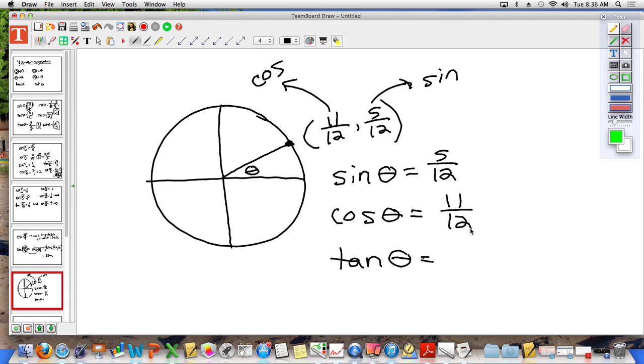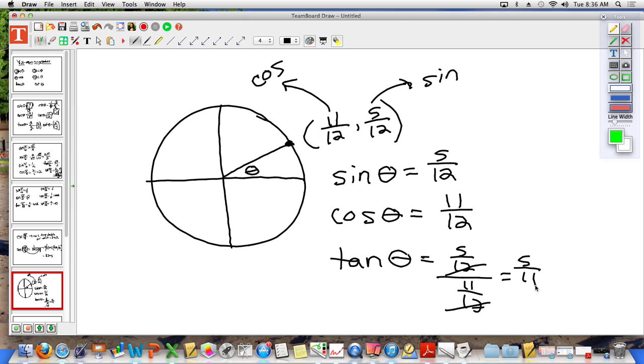Now, the tangent is the sine value divided by the cosine value. So in this case, you're going to take 5/12 and divide it by 11/12. The 12s cancel out. Remember, the denominators are the same, so they cancel out. What are you left with? 5/11. All right, the hardest part of it is done.